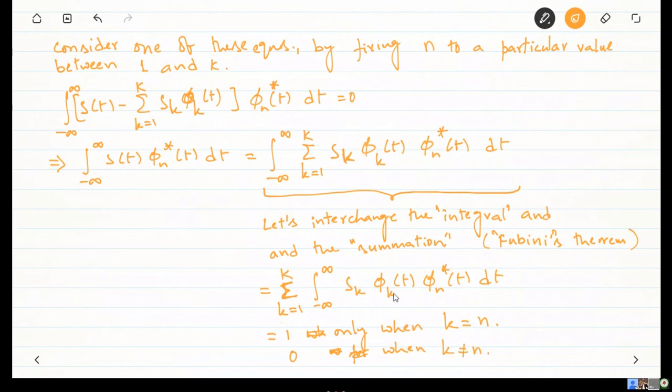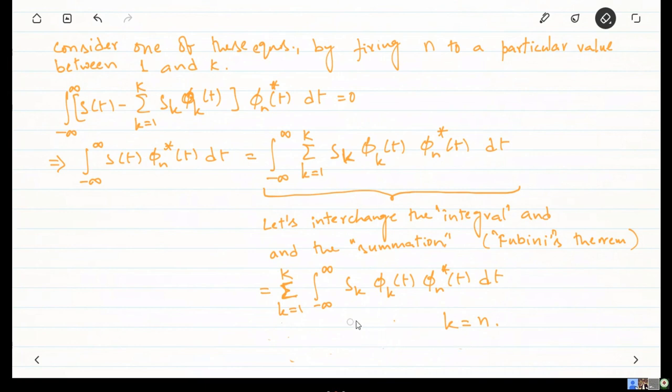Do you agree? Because see, the signals are orthonormal.